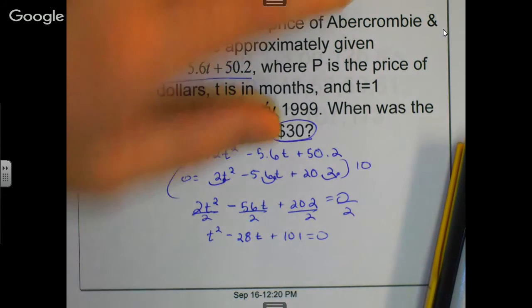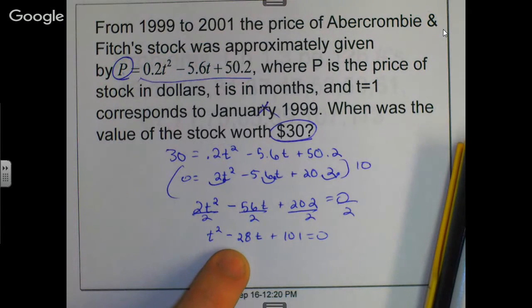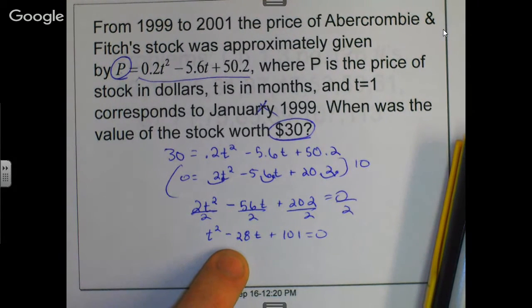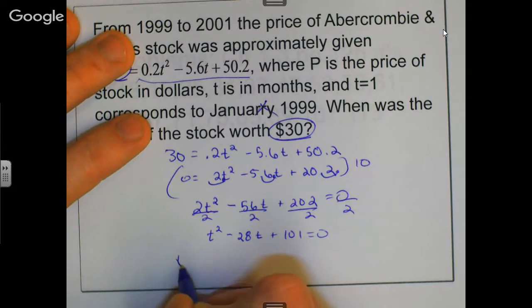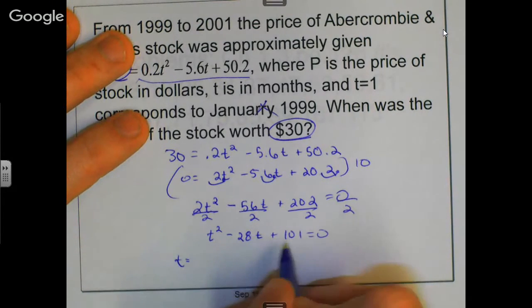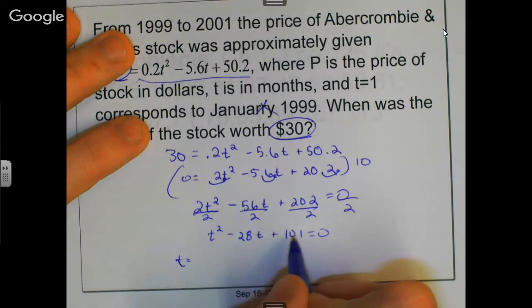Sometimes this is just a little bit of a guess and check here. Let's just use the quadratic formula here. So we have t equals, because I don't think this factors out. Okay, 101 I think is a prime number here.